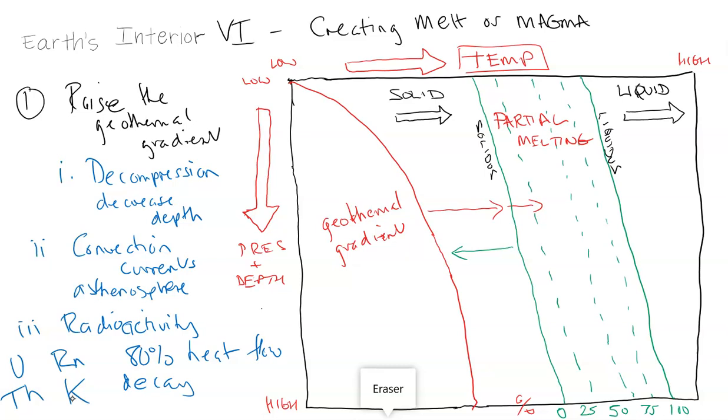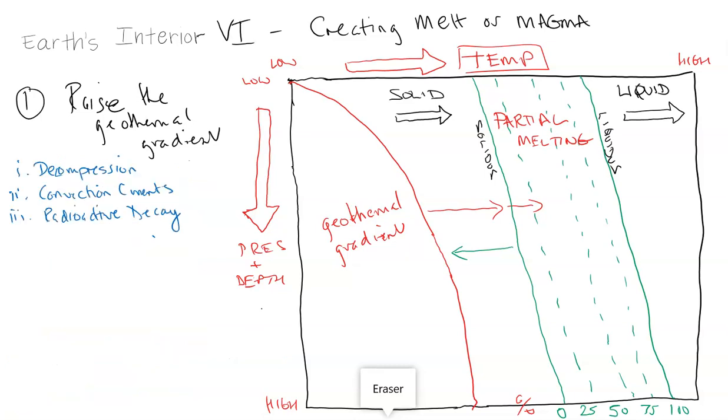So these four main elements that are unstable isotopes are going to break down with alpha and beta decay and create heat. And this heat flow is going to move up and it's going to change or raise that geothermal gradient. And the last way we can raise this gradient, number 4, is by frictional heat.